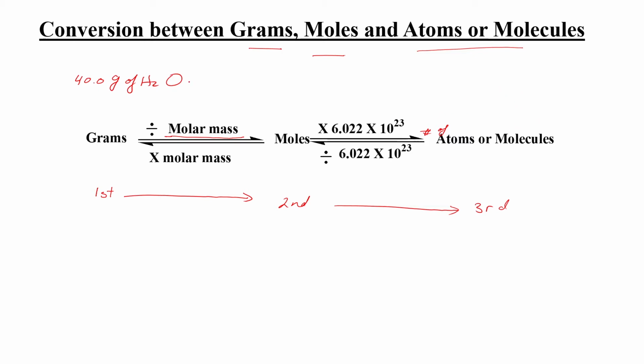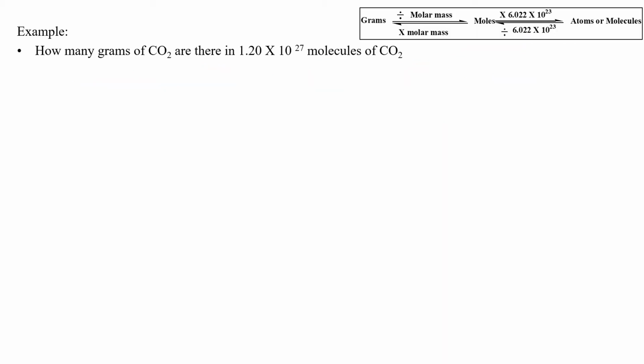You first have to convert these to moles of water, and from moles of water you will be converting them to number of water molecules. And again, here you are going to use the molar mass conversion factor, and here you are going to use the Avogadro's number conversion factor.